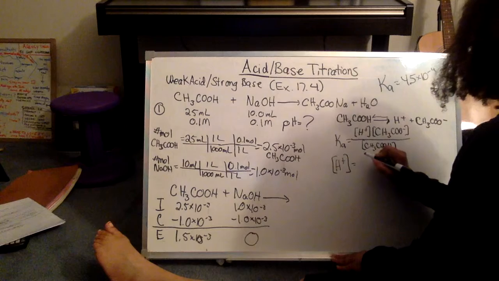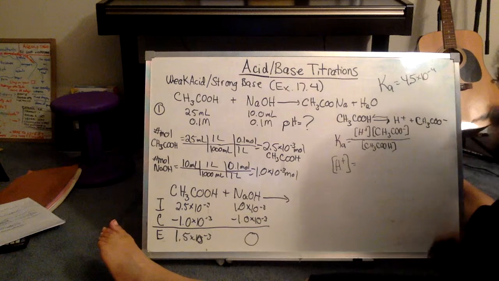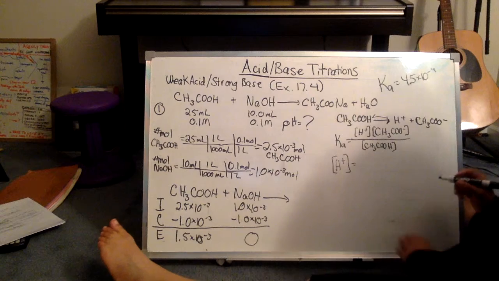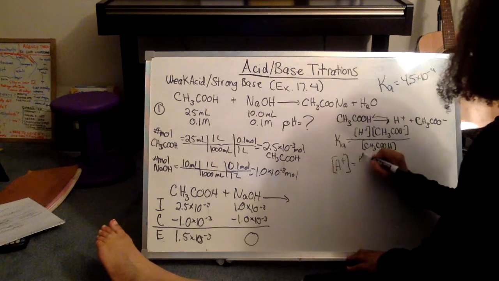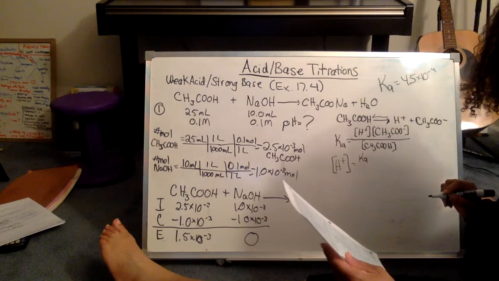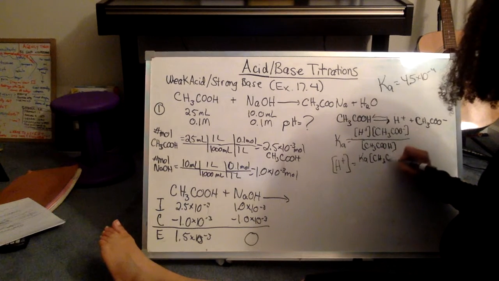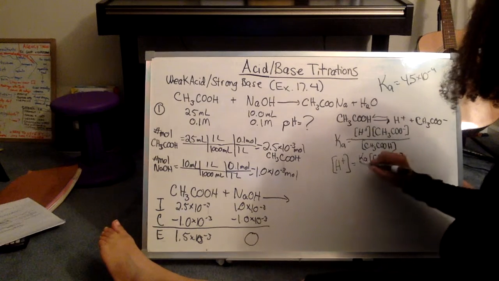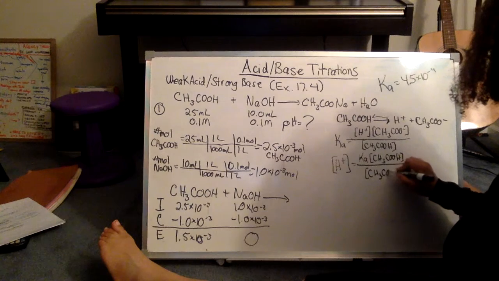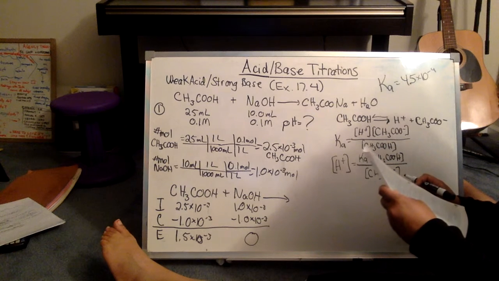If we did the algebra, which I'm not going to show because we don't have a lot of space, we would see that H plus is equal to Ka times the concentration of CH3COOH, all over the conjugate base concentration. So we have those values.